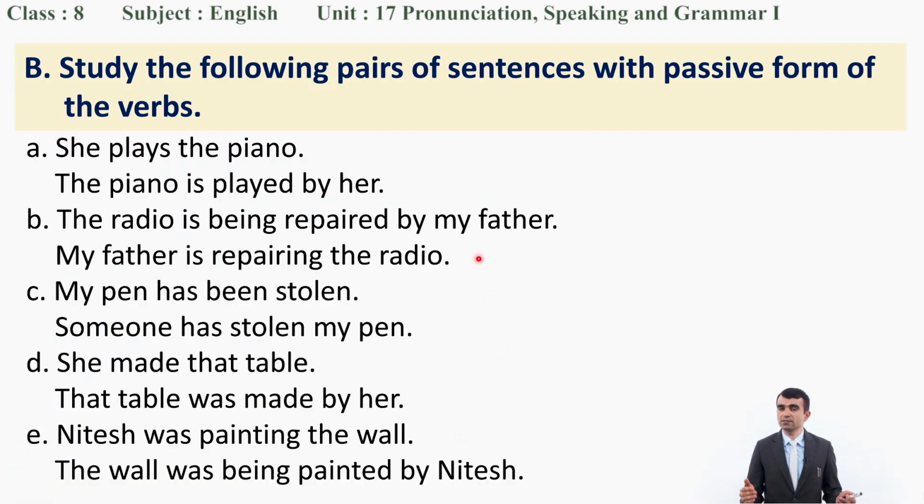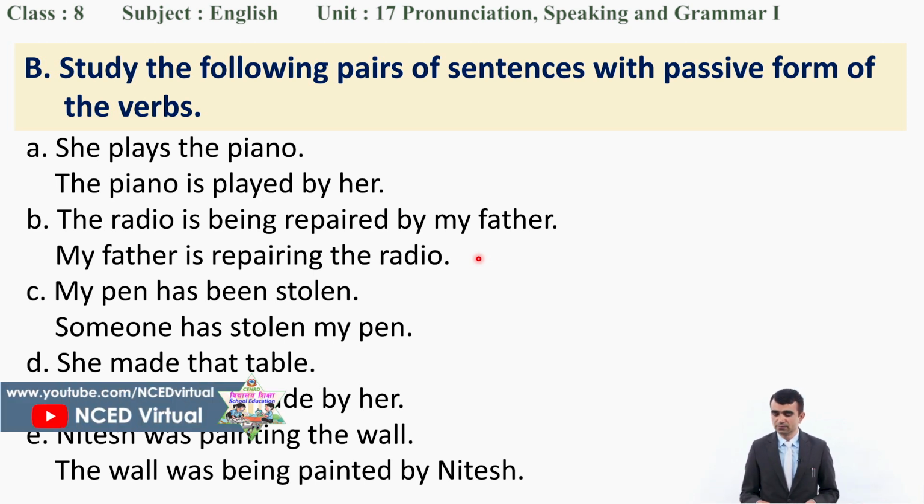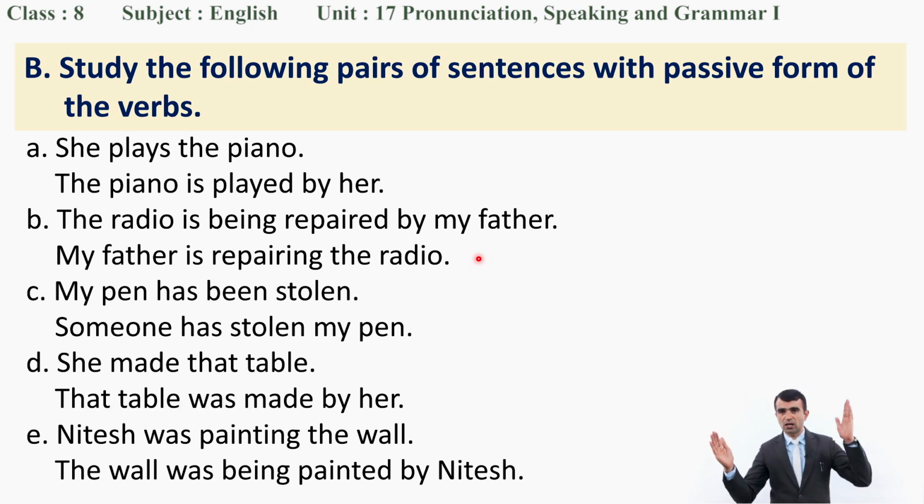Okay, now B, study the following pairs of sentences with passive form of the verbs. Okay, we discussed the structure before. This is subject, this is object. Now they take each other's place, and in between something should be changed, something should be added, a be verb, and the verb should always be written in past participle.